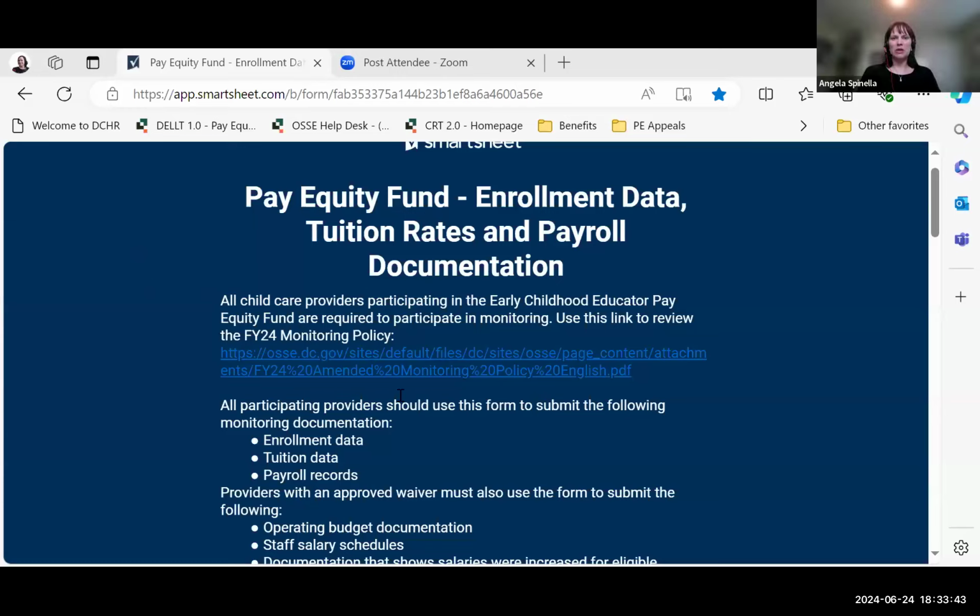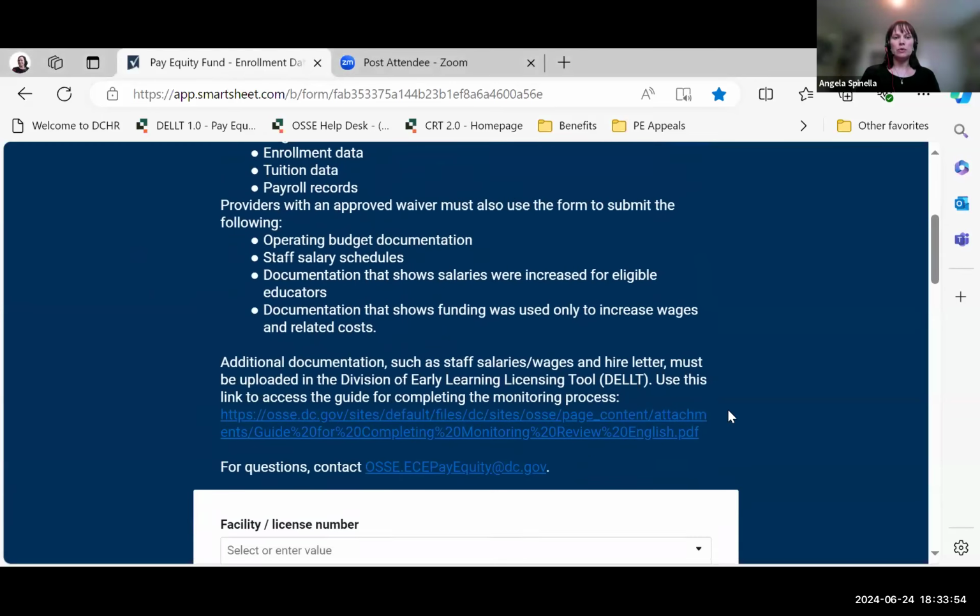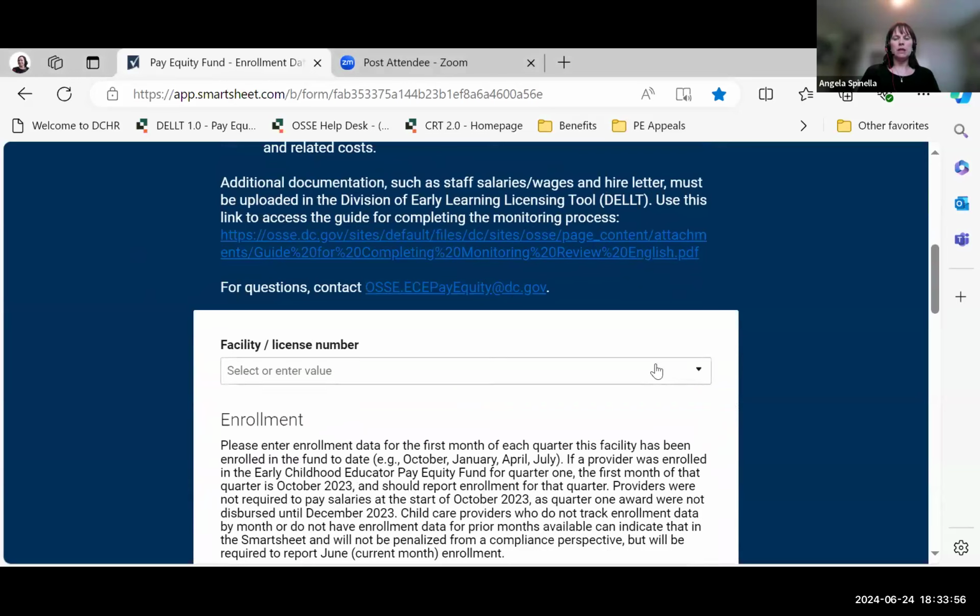Okay. You want to make sure you're scrolling down to the facility or license number section and choose the drop-down arrow to choose your facility and its license number. That would be right here.